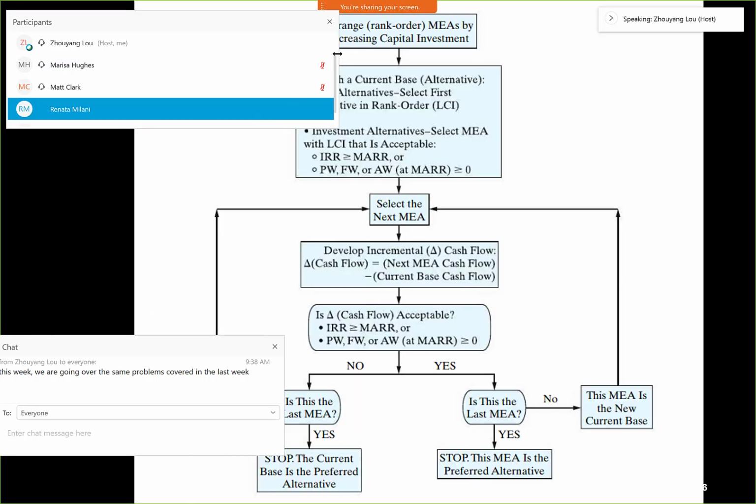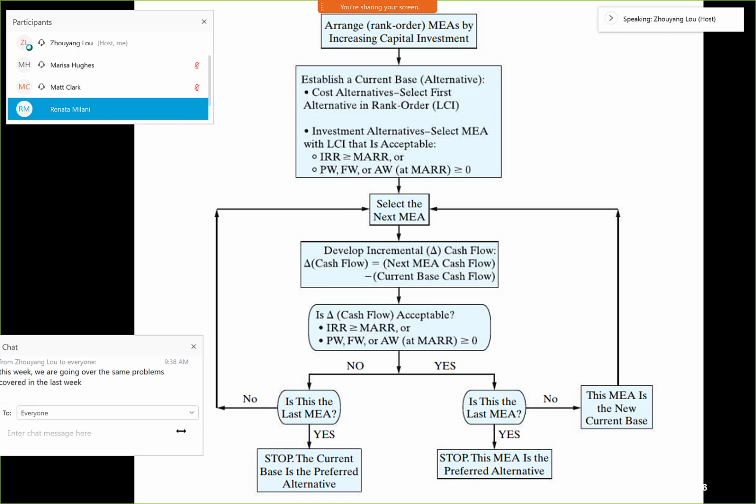So this is a more detailed procedure in the textbook, describing how we use the IRR, present worth, future worth, annual worth method to compare different projects.